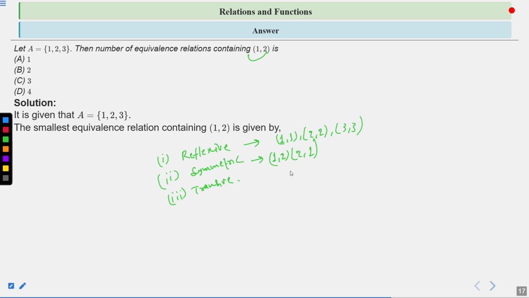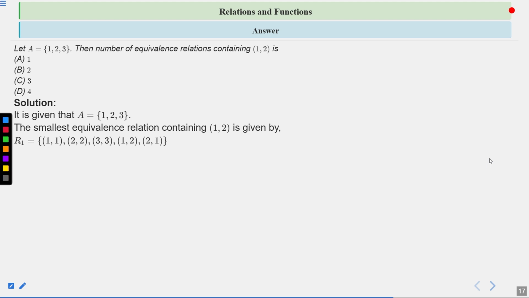And for a transitive relation, if (a, b) belongs to R and (b, c) belongs to R, this implies (a, c) always belongs to R. So we'll try to make the relation in such a way that all the three conditions are satisfied. That's what I am explaining.